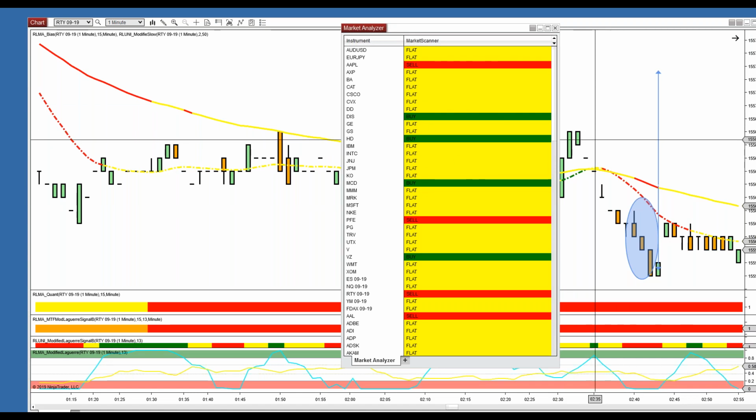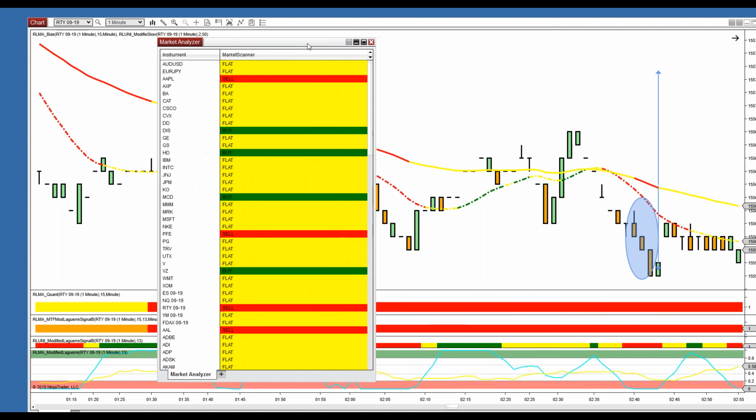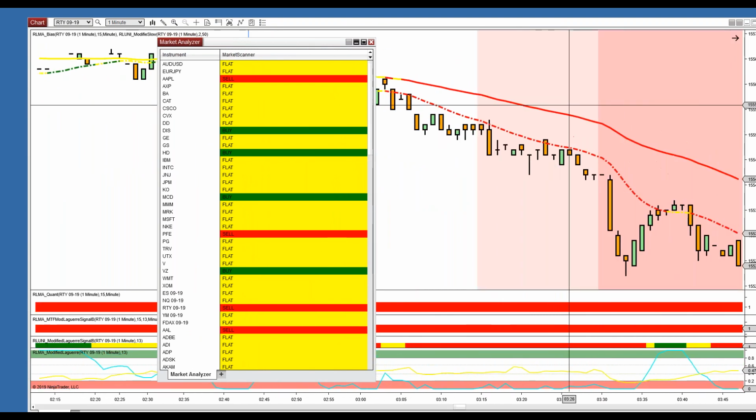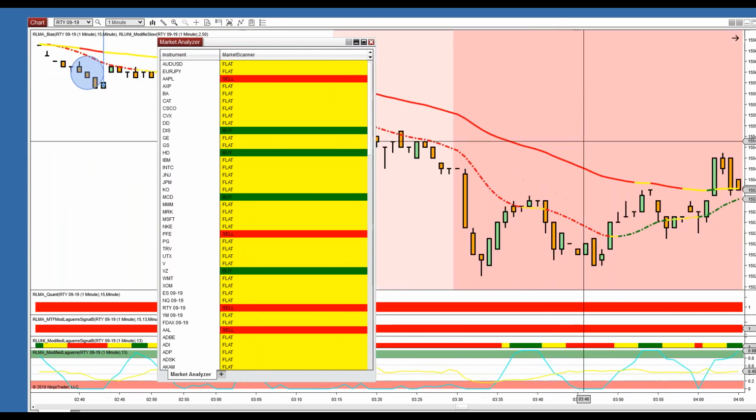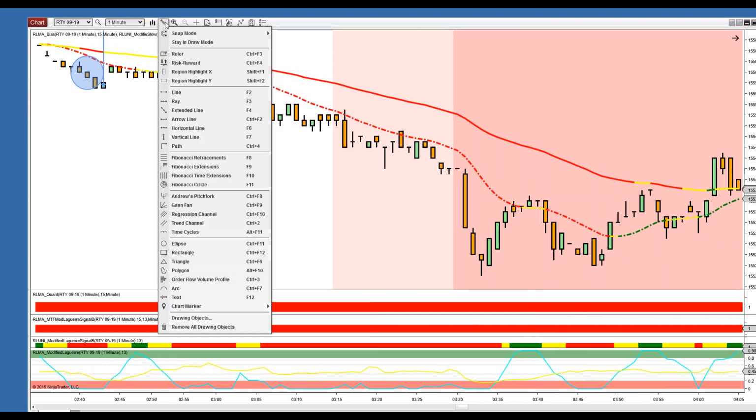If you purchase the scanner, I'm going to hold a master class, because here's what you're going to look for. It's really simple. When you get a pink background, you want to take a trade.